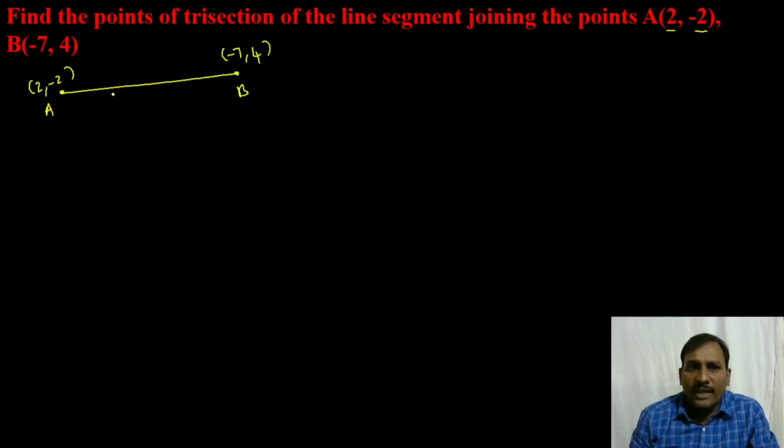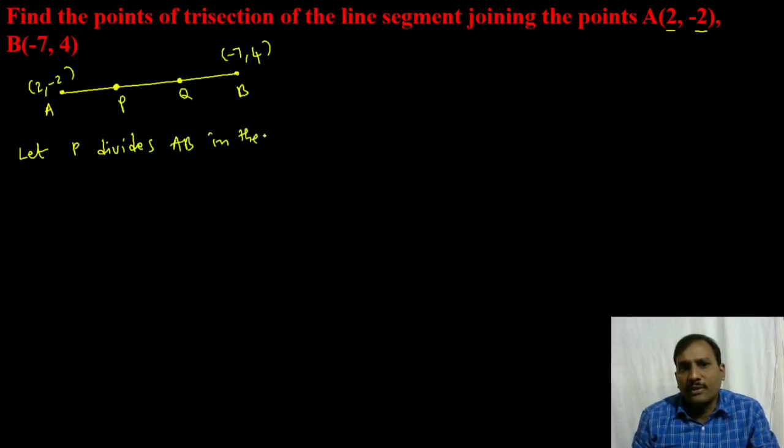Now we have to find the two points of trisection, that is P and Q. Let P divide AB in the ratio of 1:2. One point will divide AB in the ratio of 1:2, the other will divide in the ratio of 2:1. Either it can be P or Q, whatever it is.